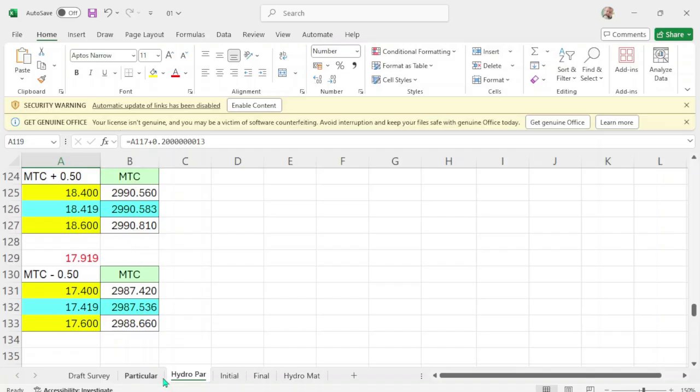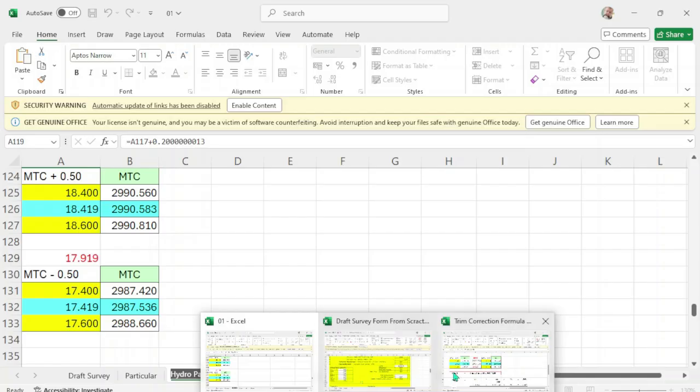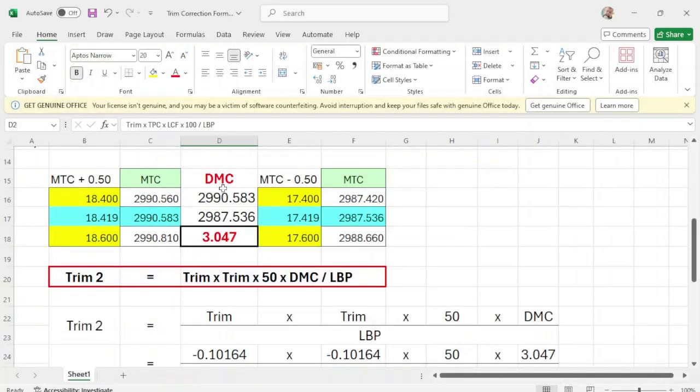So with this value, I put it here. Then the DMC is 3.047. Okay, so this is the value now. This is the initial. This is plus 50. This is minus 50.